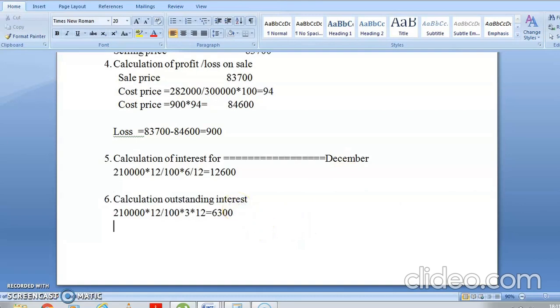Now see, now this is working note number 7. Yes, so we'll call it calculation of closing stock.